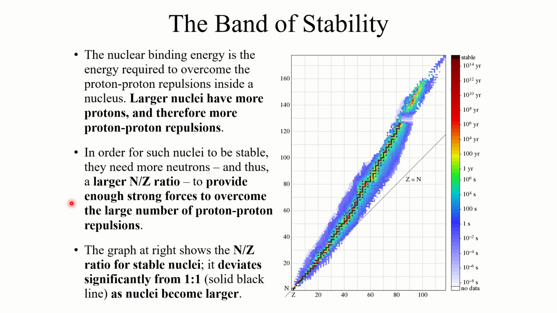So again, the graph at the right is showing the N to Z ratio for stable nuclei, and it deviates significantly from 1 to 1, which is the solid black line, as the nuclei become larger. So the band of stability is that dark red, almost brown color, going right up the middle here in a staircase-like fashion.